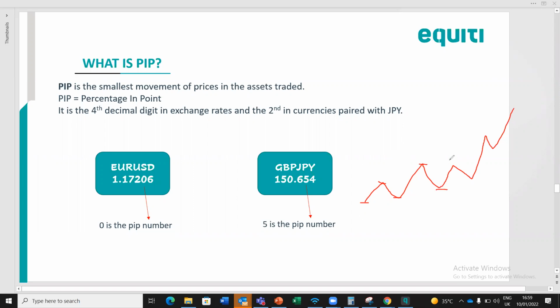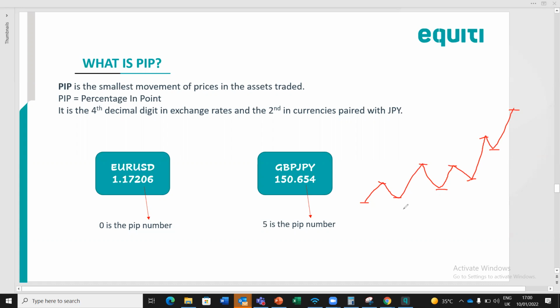I don't want to give numbers to this, but I need you to just understand this. It keeps going up and coming down, exactly how prices of an asset move in the forex market. This is how it works, guys.